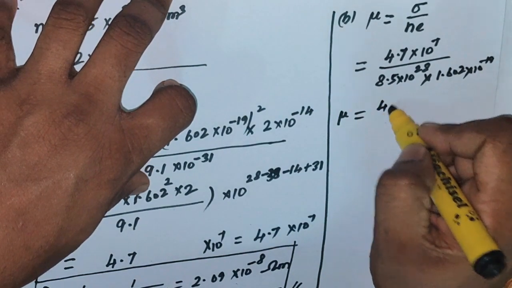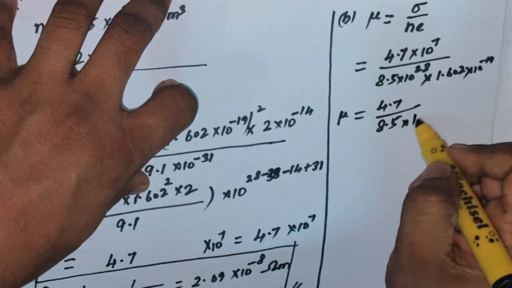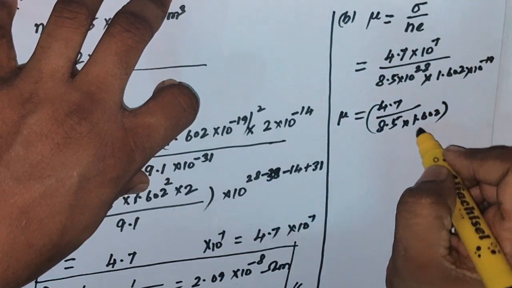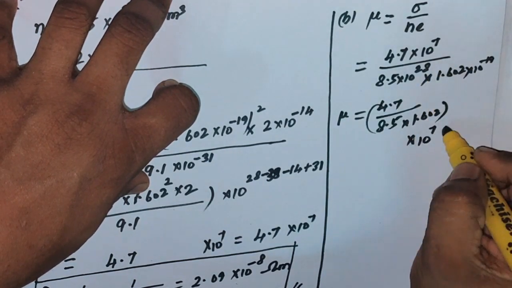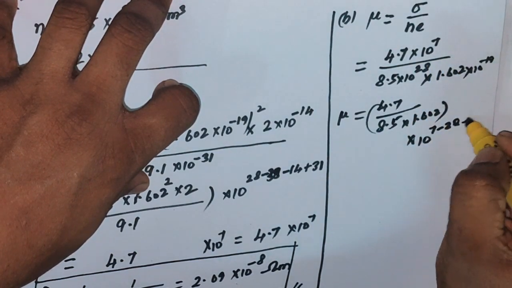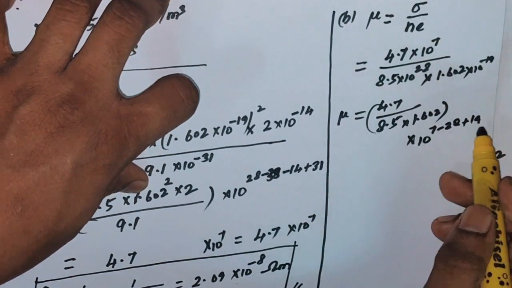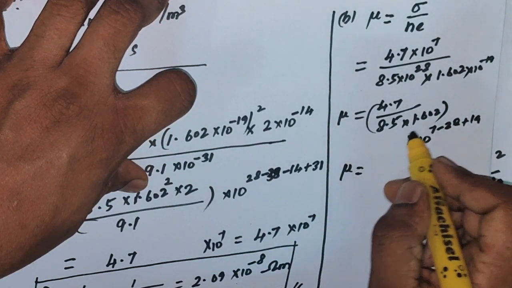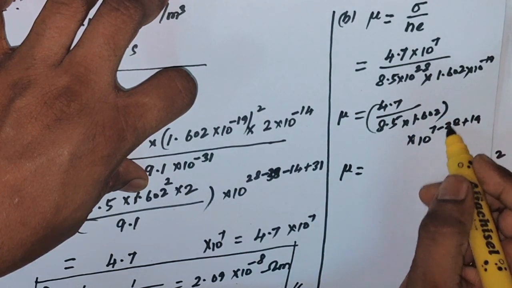First collect the numbers: 4.7 divided by 8.5 into 1.602. Collecting the powers of 10, the numerator has plus 7 and the denominator has minus 28, which goes to the numerator as plus 28; the minus 19 likewise becomes plus 19. Simplifying, the power is 10 power minus 1.